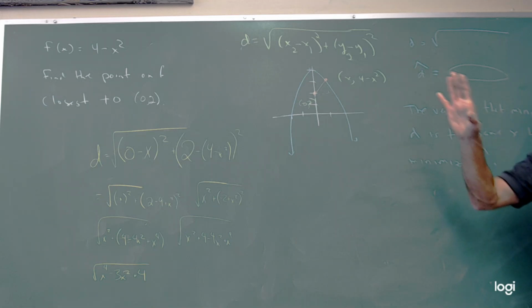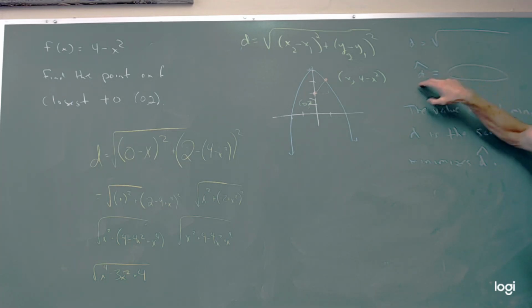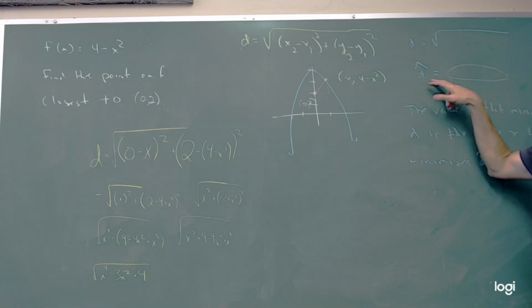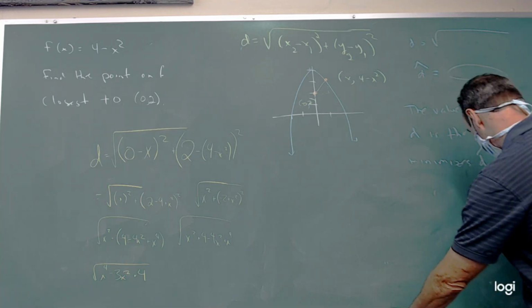And just leave off the radical. Leave off the radical. Okay. Is that okay? What is D hat? I just want to rename it so I'm not talking about this D versus that D. So you've got, let me see if I can get caught up.